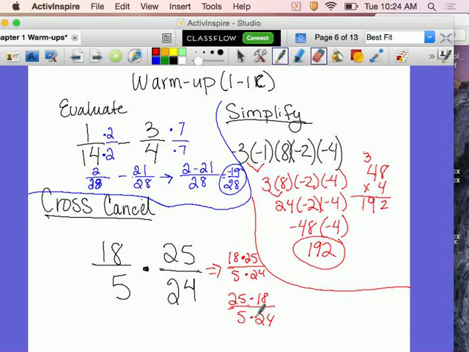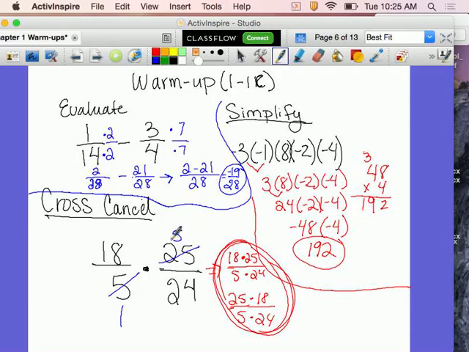Now I can just simplify each little fraction. The commutative property allows you to change things around, and of course we don't need to actually do this work since we know the commutative property. This is what we know, and we can just cross cancel. 5 divided by 5 is 1, 25 divided by 5 is 5.